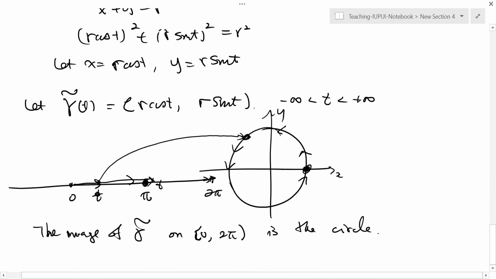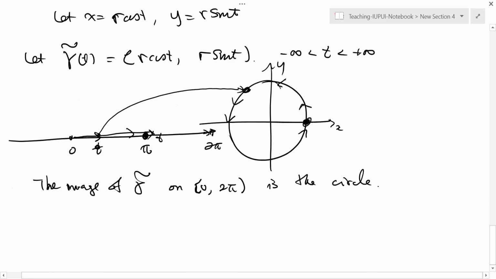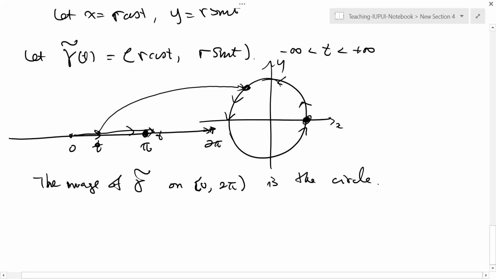Here you have sine and cosine, which does not involve a square root. So there are multiple parameterizations for the same object, or for a portion of the object.